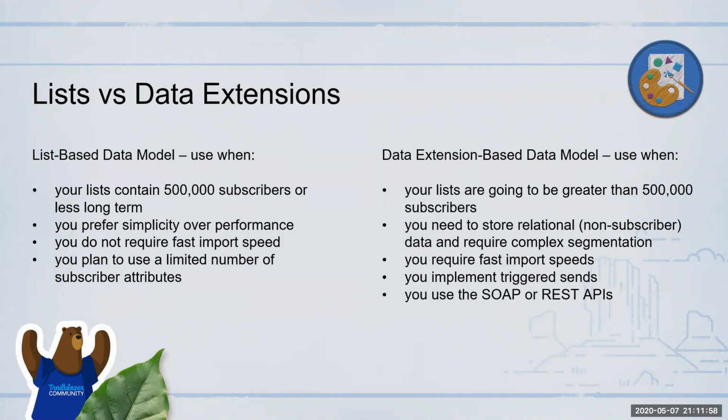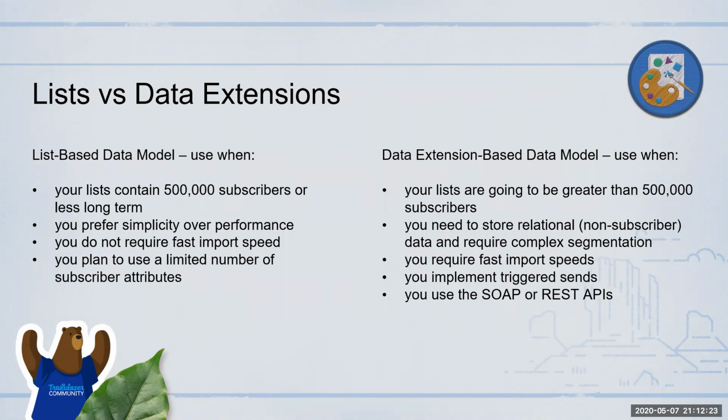If it's very simple and you want to keep a small set of subscribers, preferably less than 500,000, and you want a limited number of subscriber attributes, that is most important. Like I said, everything in a list is a subscriber, and it follows the preference and profile attributes. You cannot store custom, different data fields for different lists. You cannot do that, right?